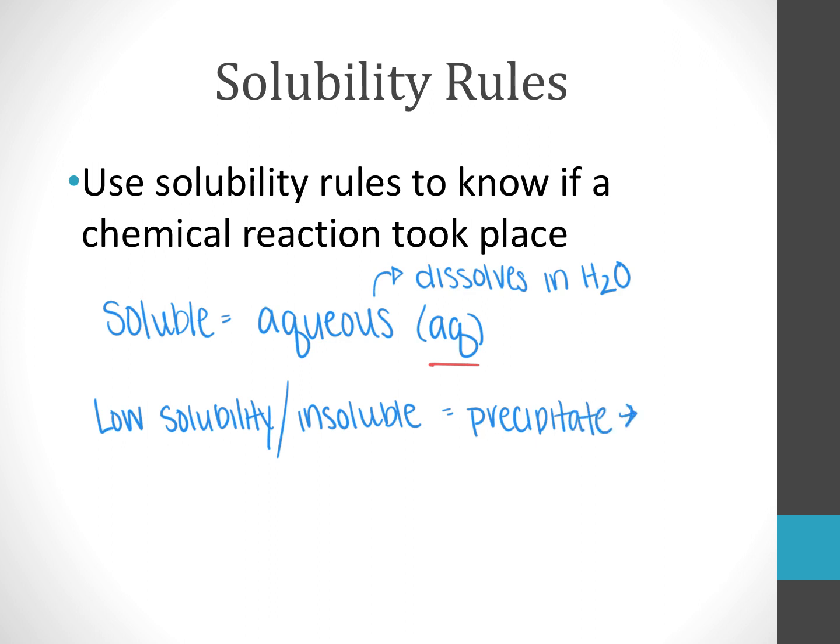So you take two liquids and you make a solid. What we write in parentheses is a little S to show that you made a solid. We'll do a couple practice problems, and I will show you how we use these. Right now, our only goal is really just understanding vocab. So soluble means aqueous, and we write AQ. Low solubility or insoluble means you're going to make a precipitate or solid, and we're going to write an S.